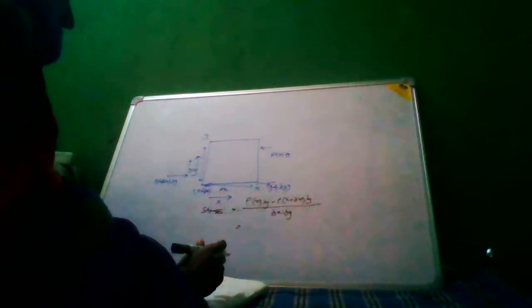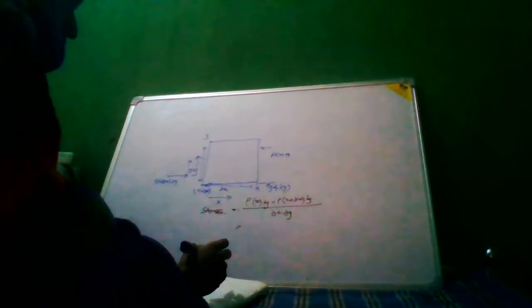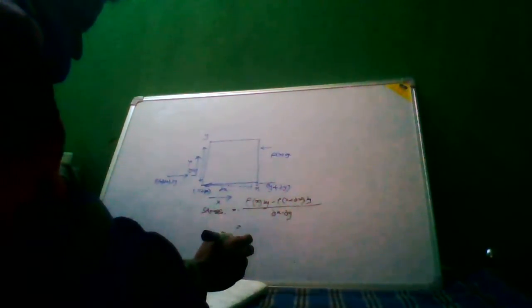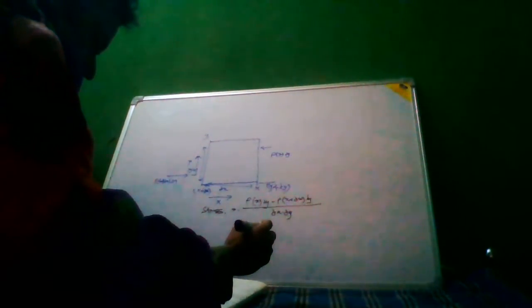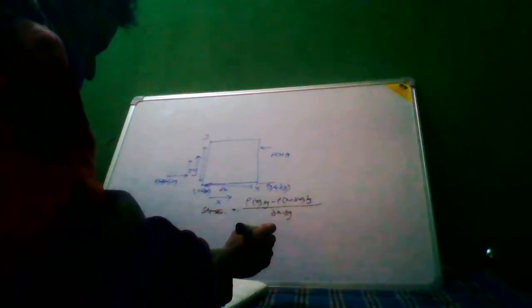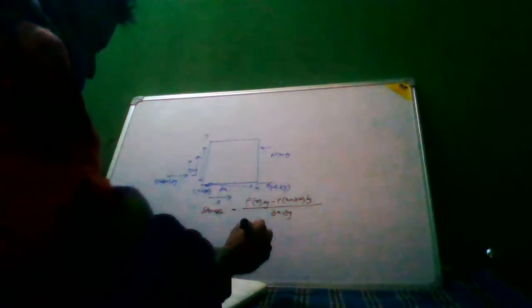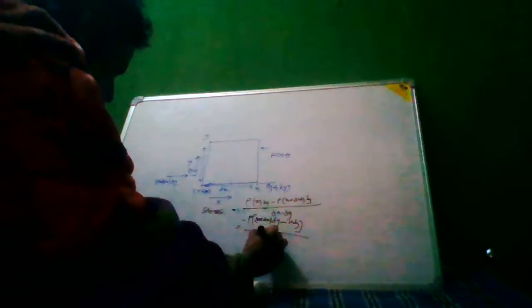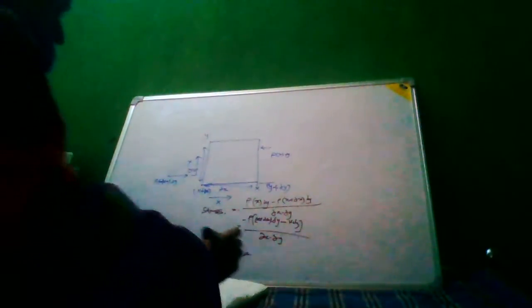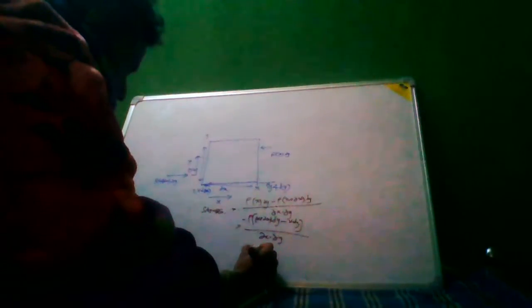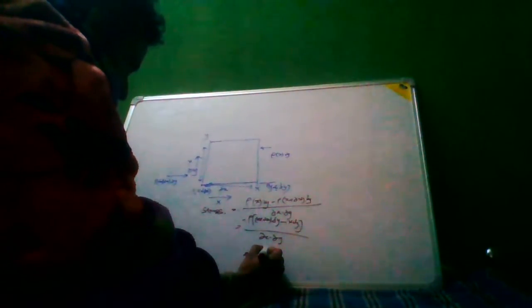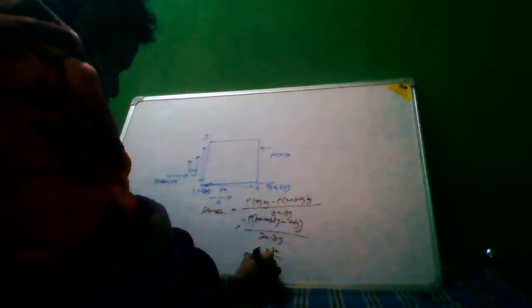As the P x del y will be cancelling out, obviously the pressure difference should be minus of P into x plus del x into del y minus P x del y by del x into del y, which will be equal to P into x del x by del x into del y.